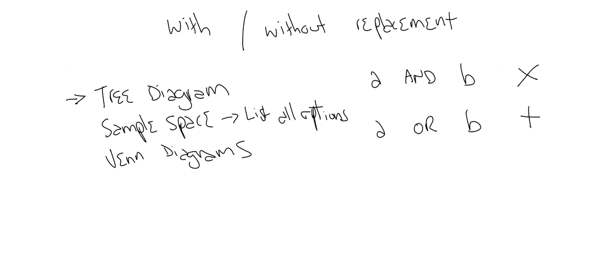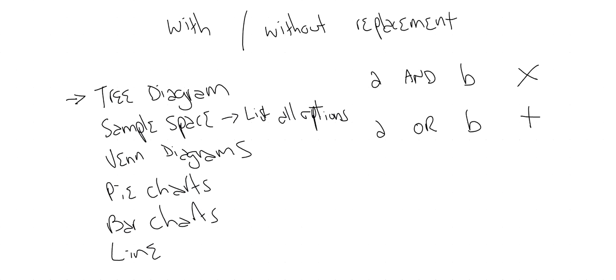Venn diagrams are helpful. Pie charts. Bar charts. Line graphs, not so much probability, but we'll write it down anyway. Stem and leaf plots. I'm going to say that's not so much probability, that's statistics.